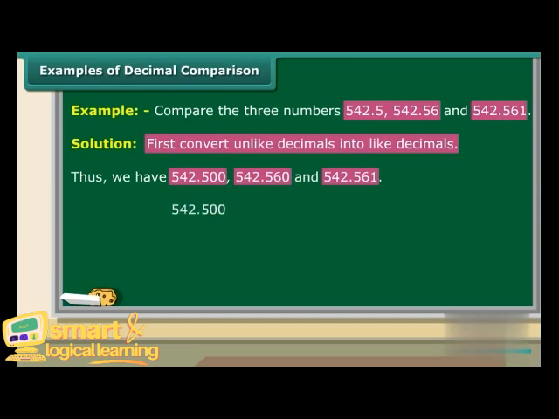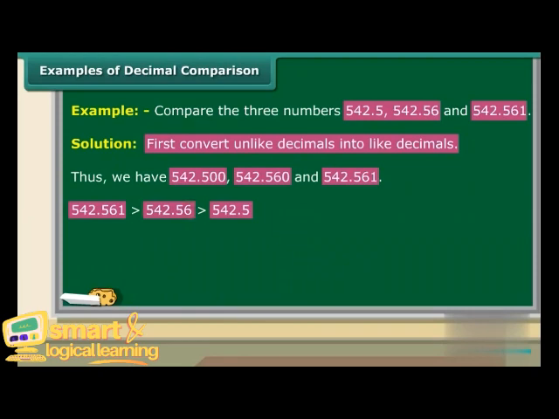Now concentrate on the decimal part alone. The first number represents 500 thousandths, the second number represents 560 thousandths, and the third number represents 561 thousandths. So, 542.561 is greater than 542.5 and 542.56.